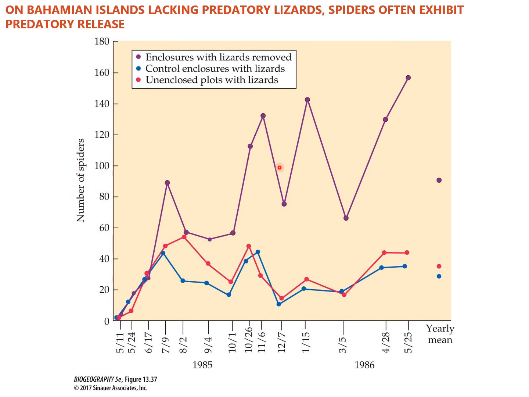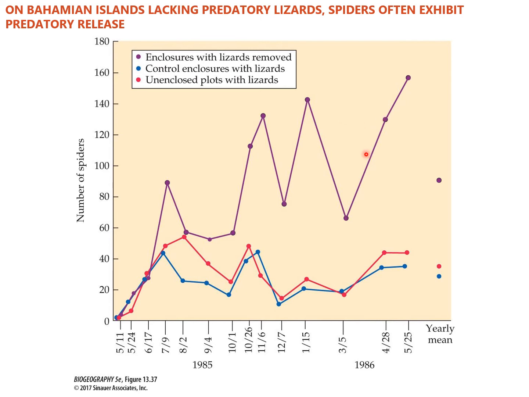The pattern is kind of the same either way: you get this increase if you have the lizards removed, then the population basically increases. But if you have either unenclosed plots or plots that had lizards, there's not a whole lot of difference because lizards were present in the mainland. But basically, if you remove the lizards, then you get this population release.